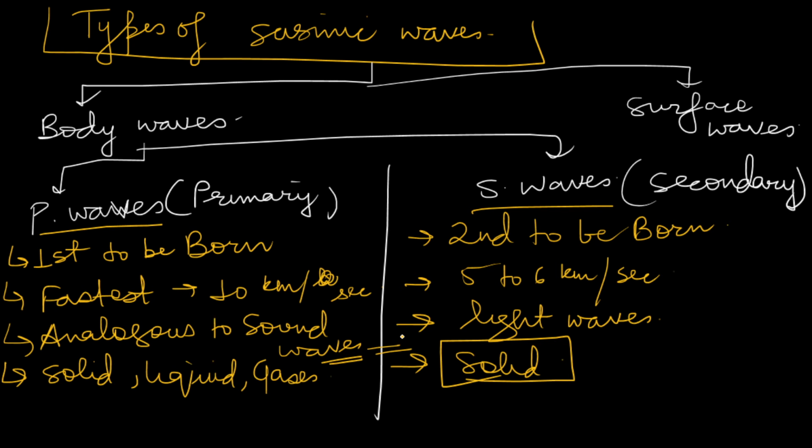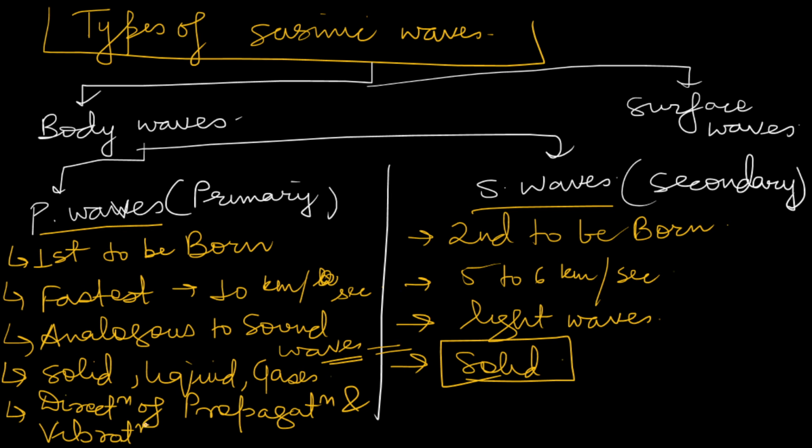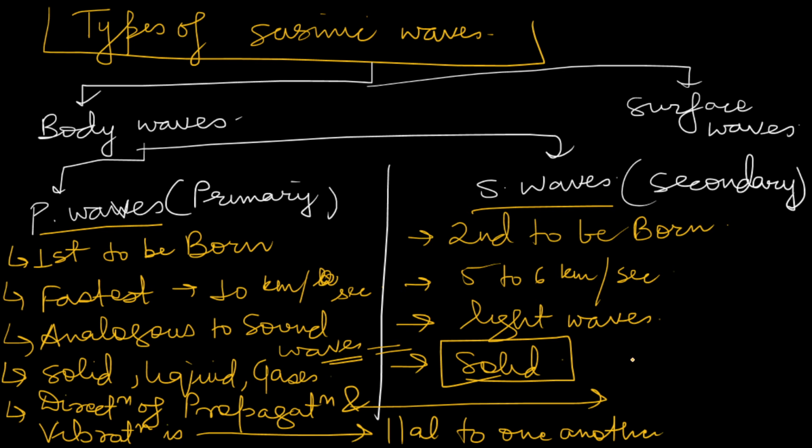Secondly, in P waves, the direction of propagation and vibration is parallel to one another. Whereas in S waves, the direction of propagation and vibration is perpendicular to one another.